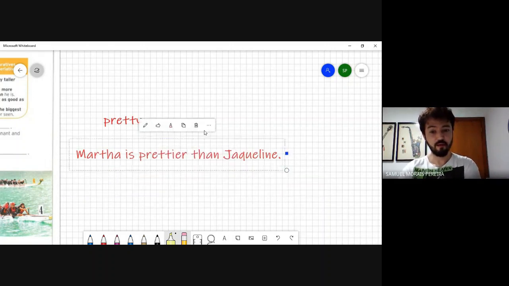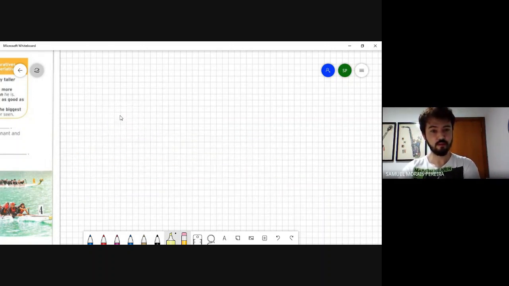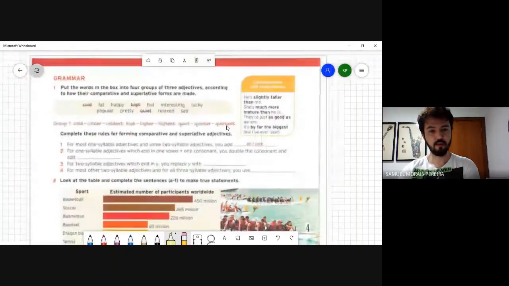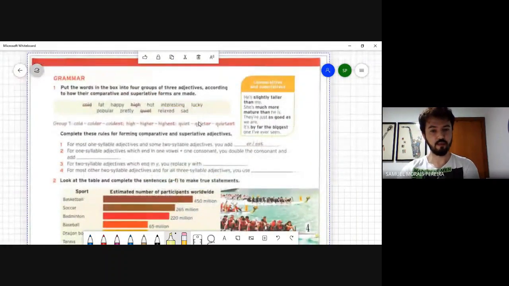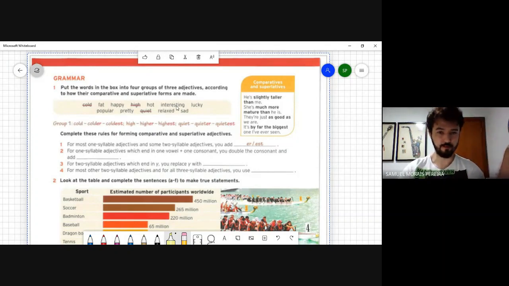Bom, voltando aqui, vocês seguem o padrão, né, ó. Lucky fica luckier and then luckiest. Now pay attention to interesting, relaxed, and popular. They are long adjectives. So I say, olha, more interesting, the most interesting.